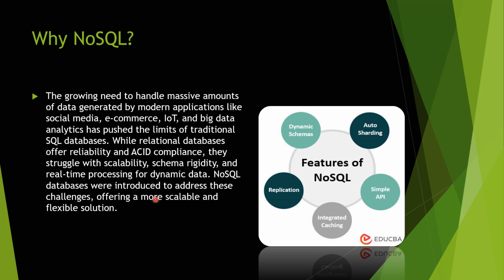That's where NoSQL shines. It offers many features like dynamic schema, auto sharding, replication, integrated caching, and simple API. So you can add more servers instead of upgrading one big server. It also provides flexibility since you don't need a predefined schema to store data, and it's optimized for speed, especially for large scale or real time applications.